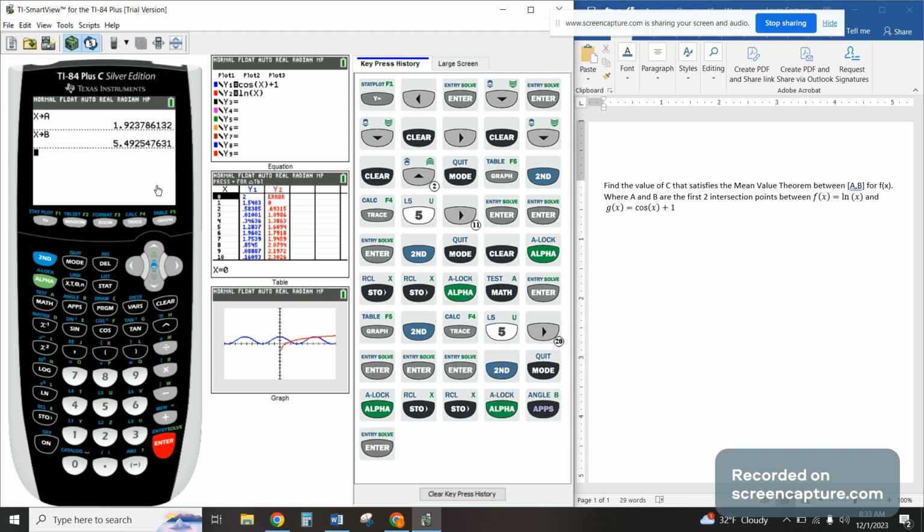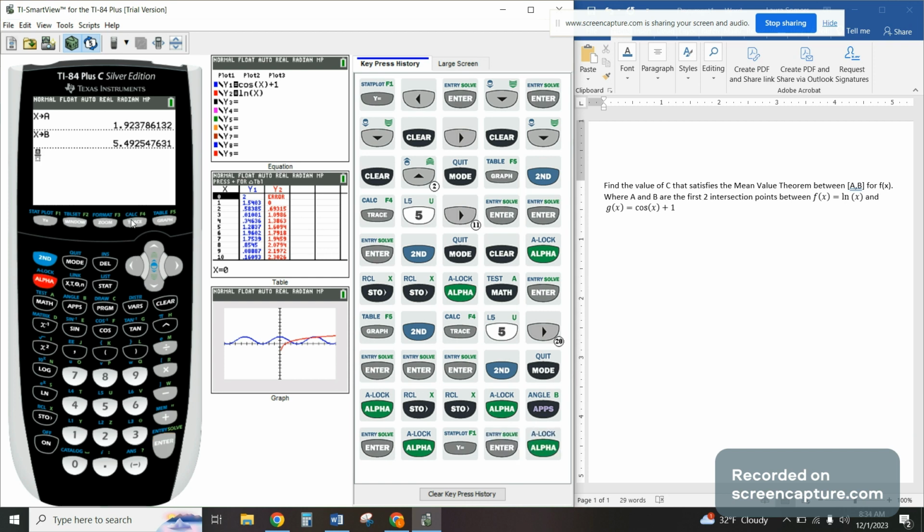Okay. So now, remember, mean value theorem is where the ARC equals the IRC. So I'm going to start by finding the ARC, the average rate of change. So f of B minus f of A over B minus A. So start by putting in a nice fraction.